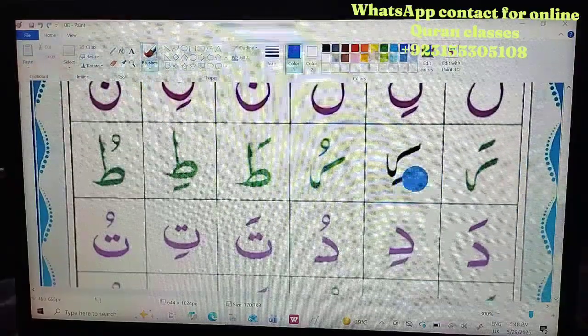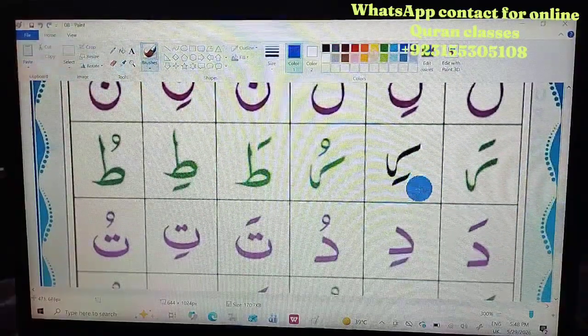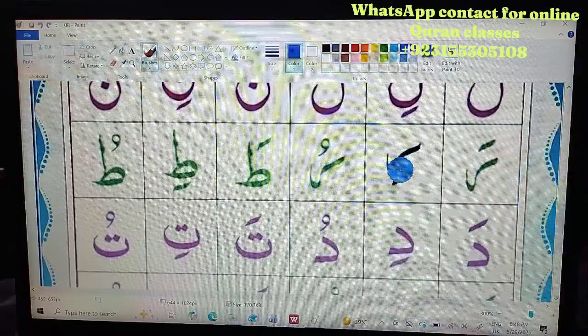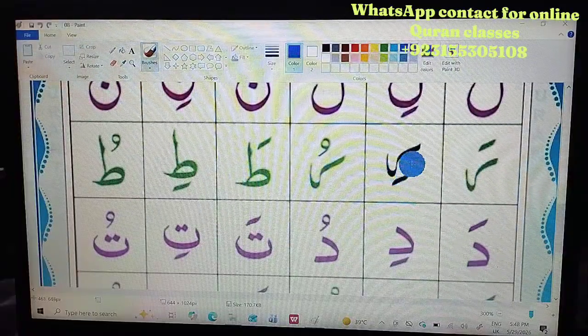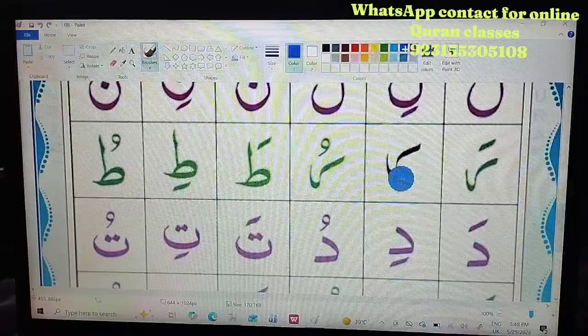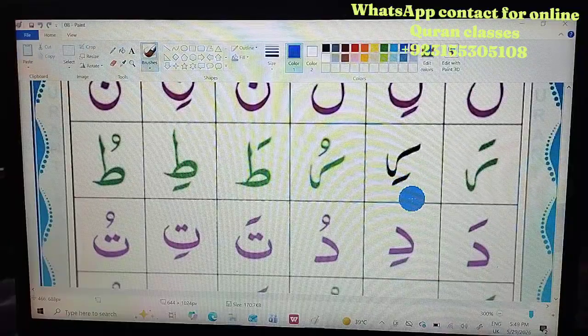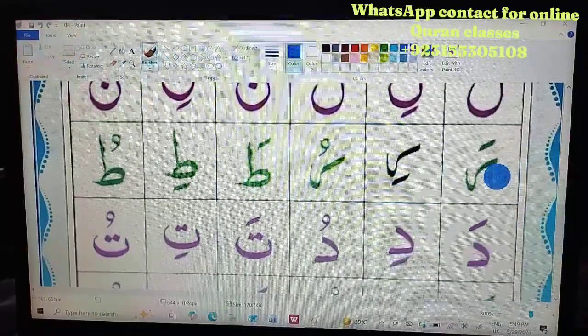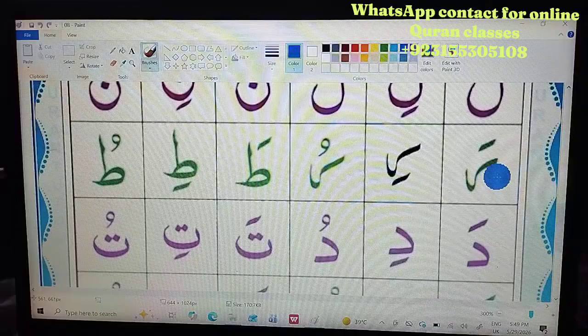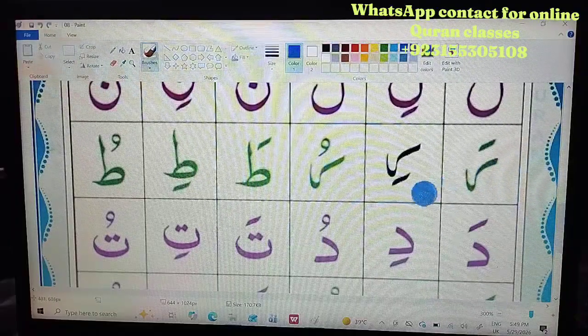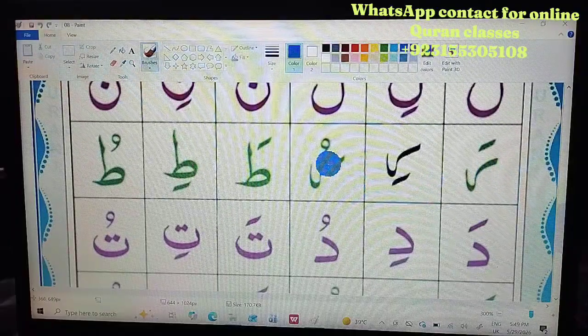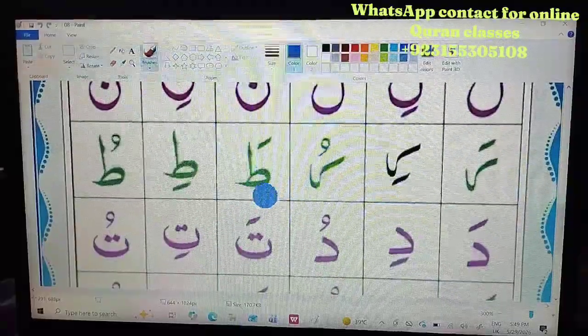If Ra has the sign of Kasra below the Ra, we read Ra light, Ri. Now we read without spelling. Ra, Ri, Ru.